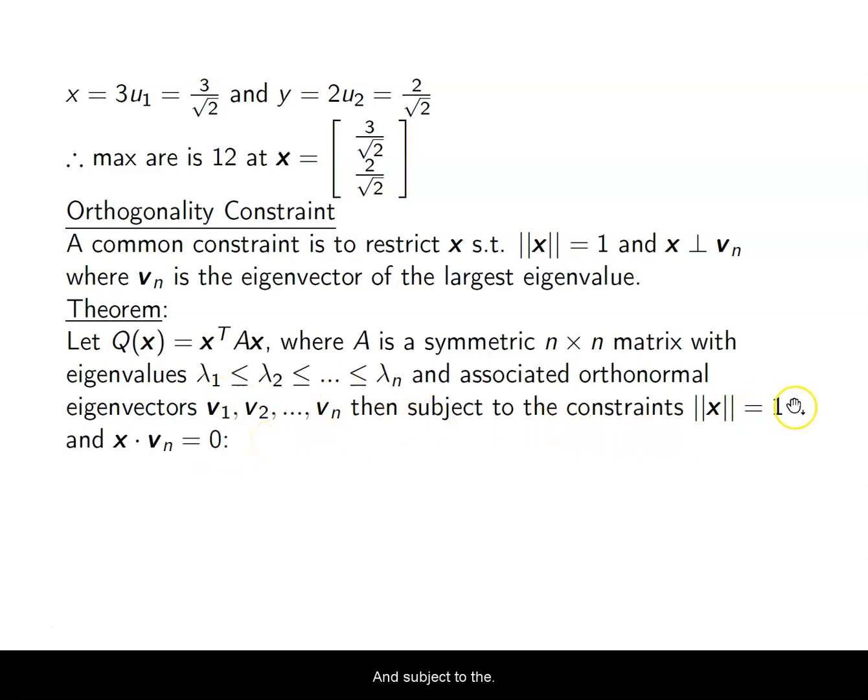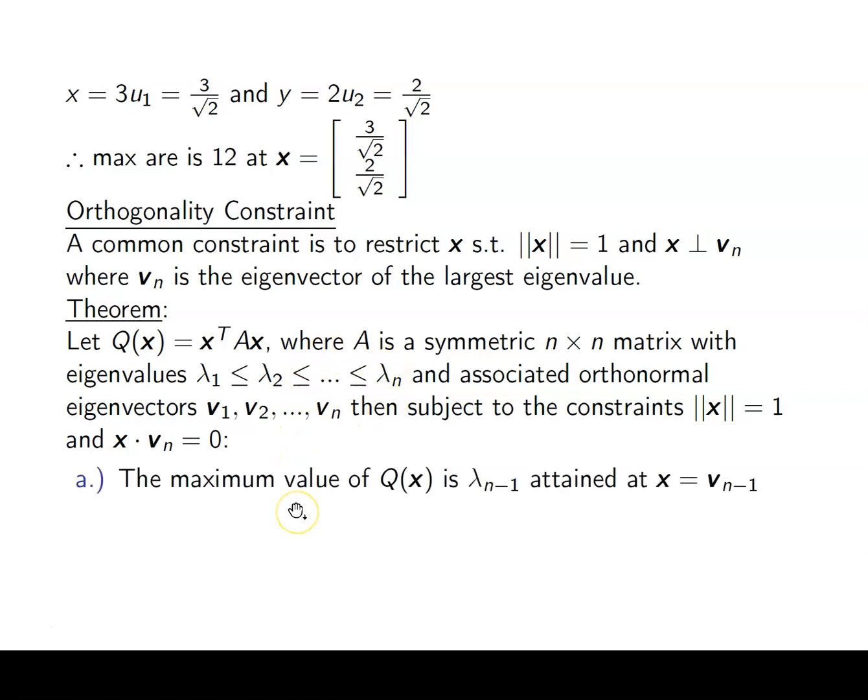Then subject to the constraint that my input vector has a length of 1, I need my input vector to be orthogonal, have a dot product of 0, with the largest eigenvector, okay? Or, I'm sorry, the eigenvector associated with the largest eigenvalue, right?